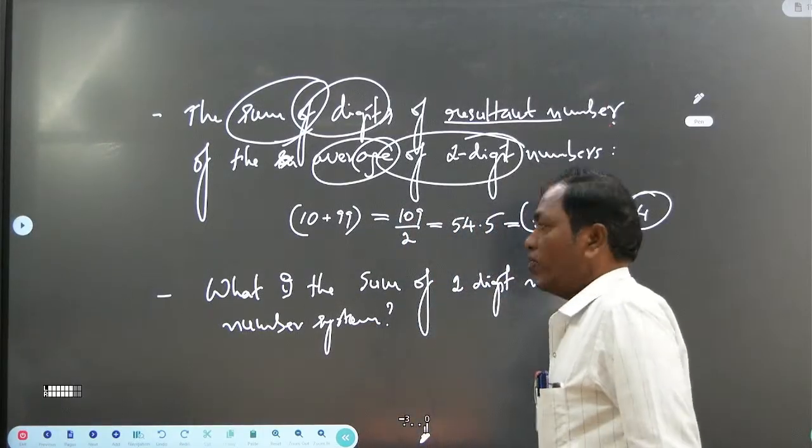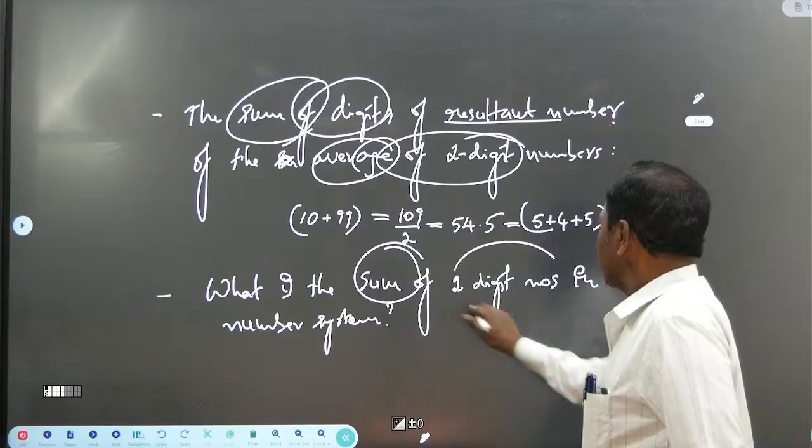Right. Now you can say sum of 2 digit numbers.